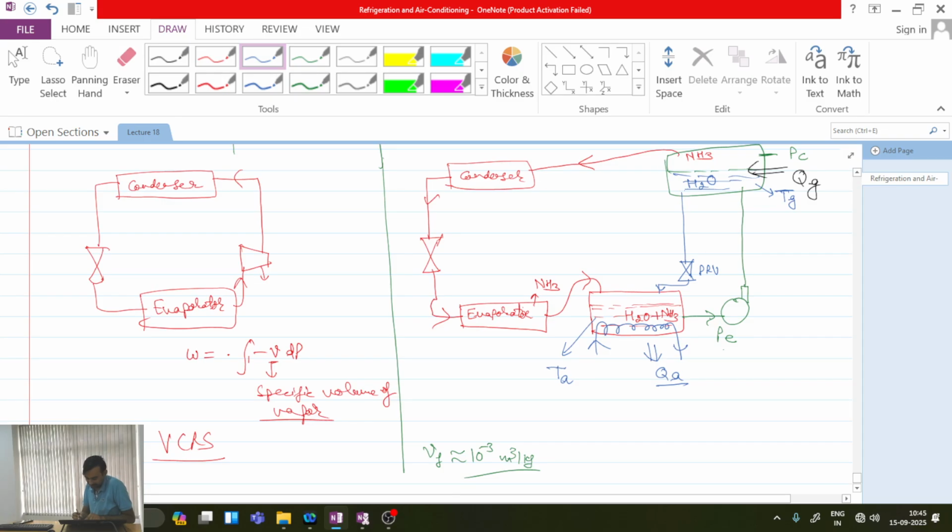If it mixes at Tg itself, then I need to remove more Qa amount of heat to maintain the temperature. After the pump this liquid is coming at Ta temperature, and here it is to be heated up to Tg. So in between these two I can connect a heat exchanger, which I can call a preheater.